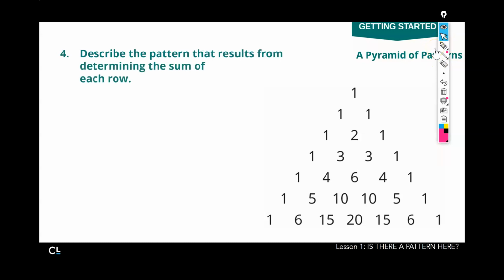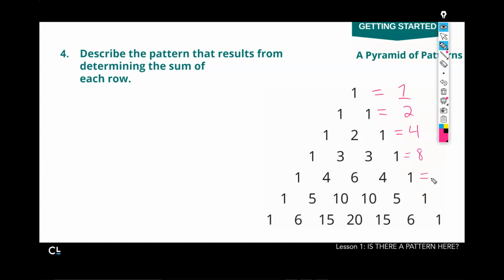Describe the pattern that results from determining the sum of each row. So if we add up the rows, well, the first row is going to give me 1. Second row is going to give me 2. The third row is going to give me 4. The next row is going to give me 8. What do you notice?